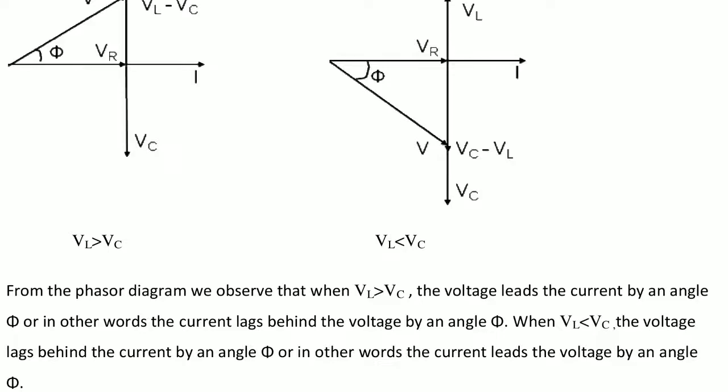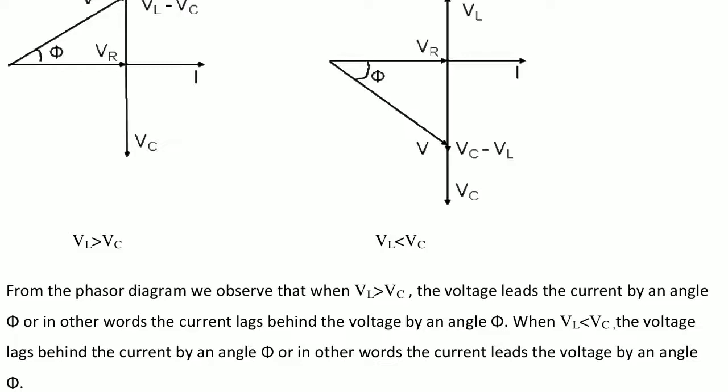That means if you take the current as reference, the voltage is leading. Once again, how can we say the circuit is inductive in nature? VL is more than VC, meaning the inductance value is dominating compared to the capacitance value.